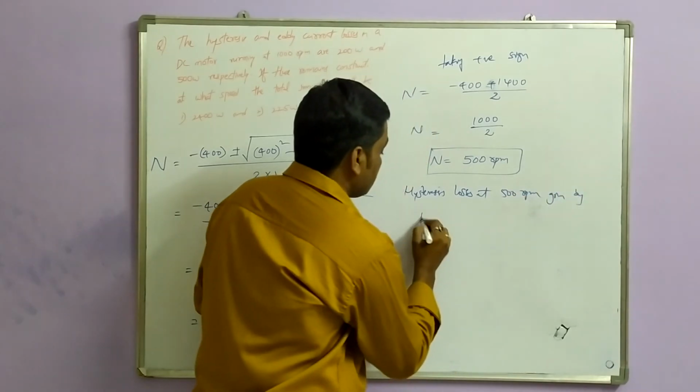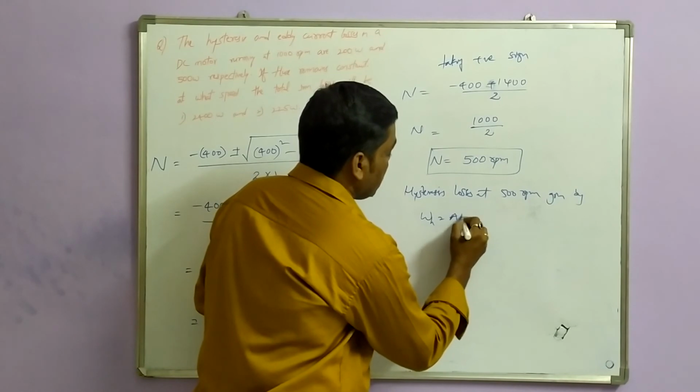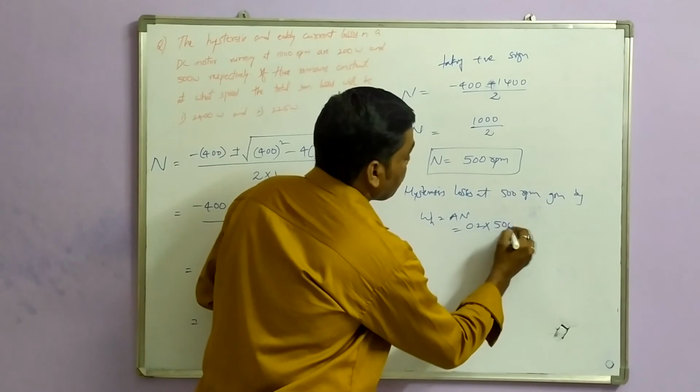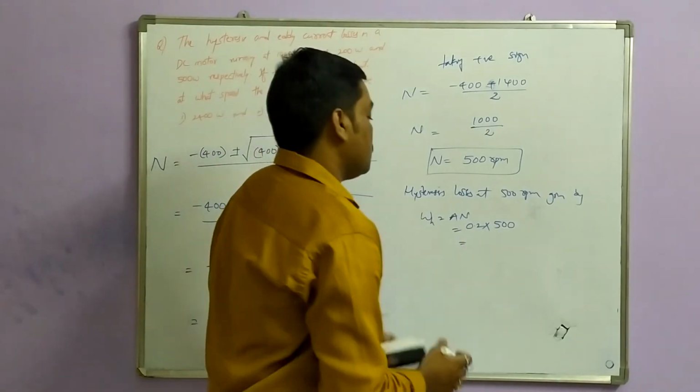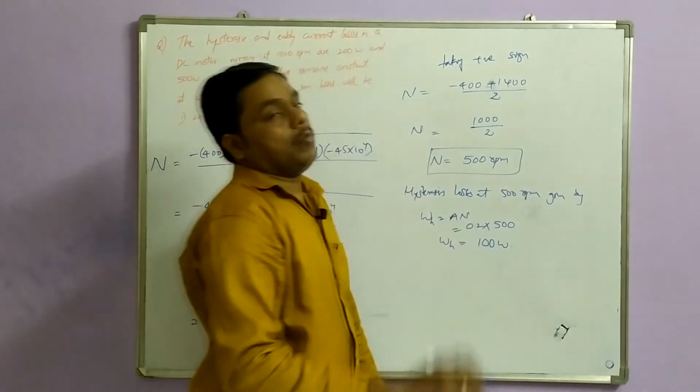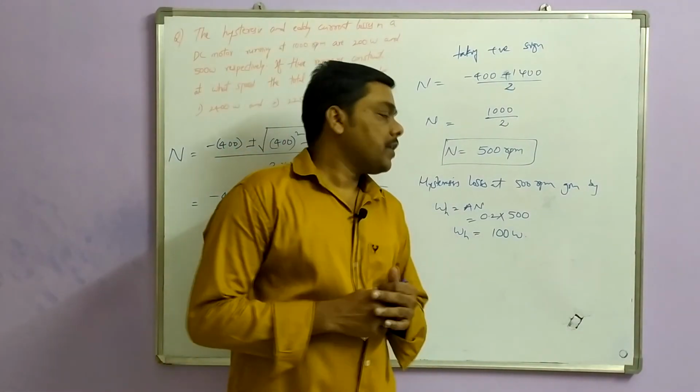Hysteresis loss Wh is equal to A into N, nothing but 0.2 into 500. So you will get 100 watts. Wh is equal to 100 watts.